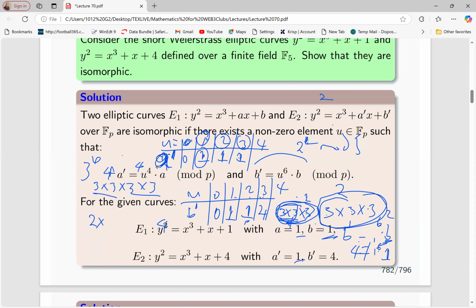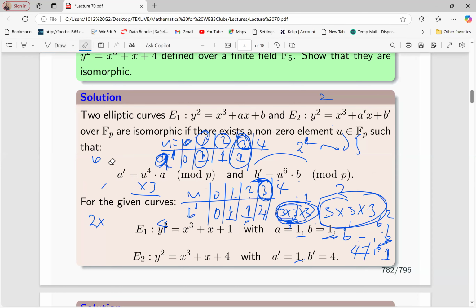So we found a u such that u raised to 4 times a gives us a prime, and the same u raised to 6 times b gives us b prime. That u is 3. You can see 3 raised to 4 times a gave us 1, and 3 raised to 6 times 1 has given us 4 that we required.